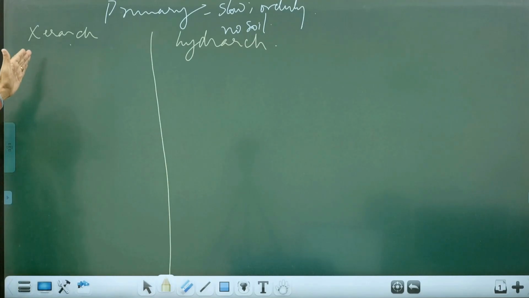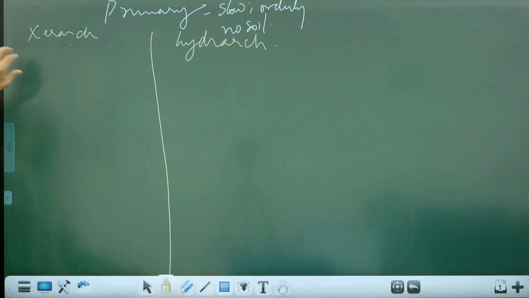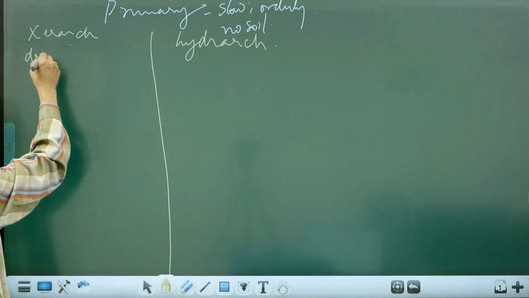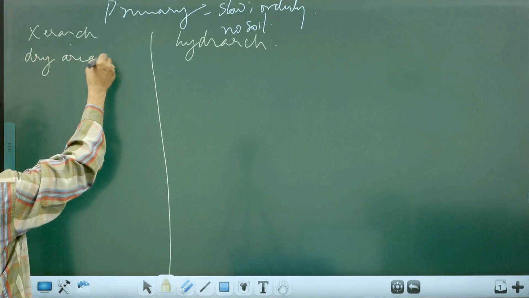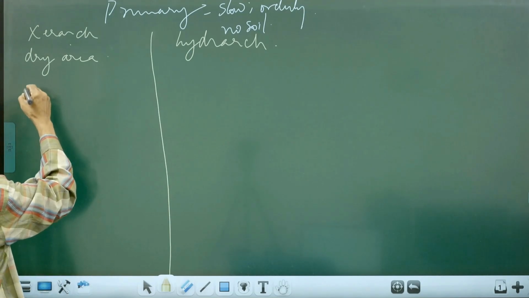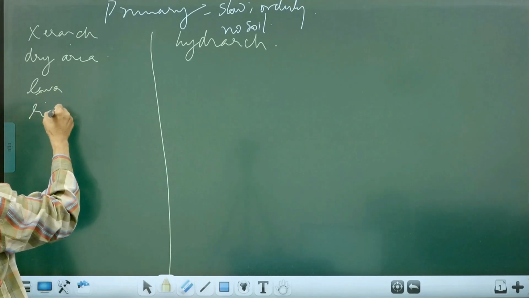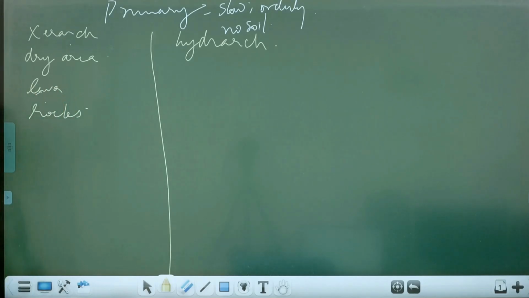What is xerarch? Xerarch means succession occurring in a dry area, very dry. There is no life, just like newly cooled lava or in rocks. So succession in such areas is called xerarch succession.